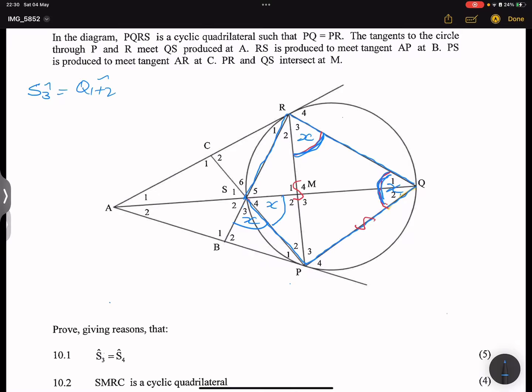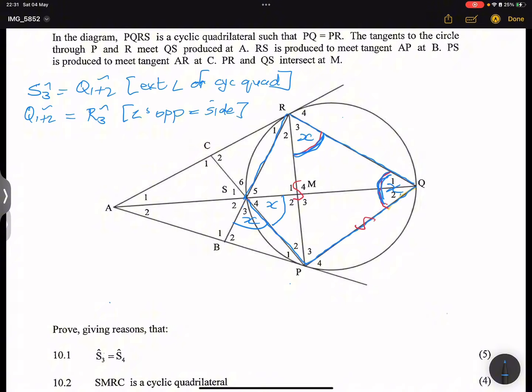And in this case, why did we say that? We said it's the exterior angle of a cyclic quad, right? A cyclic quad. All right. Now S3 is equal to Q1 plus 2. But we said Q1 plus 2 is equal to R3. And the reason we said that is because these are angles opposite equal sides.